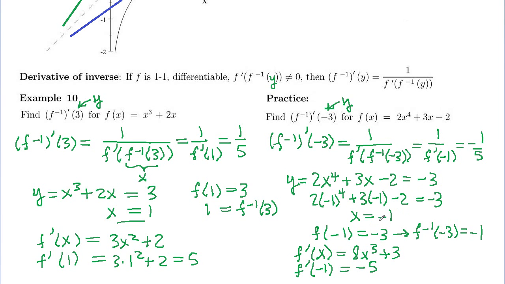So f of -1 is -3. So f inverse of -3 is -1. So this inside is -1. And then f prime at -1, well, f prime at x, by power rule, is 3x squared plus 2. F prime plug in -1, that'd be -3 plus 2, so, 1 over -5, -1/5.